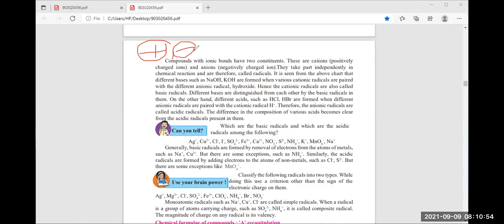So we get 2 types of radicals: acidic radicals, and second, basic radicals. The example is given in the chart, that is KOH, NaOH. These are formed when various cationic radicals are paired with different anionic radicals, and these are called basic radicals.